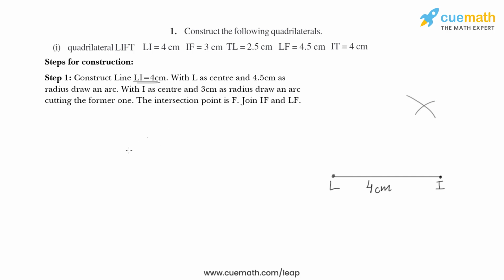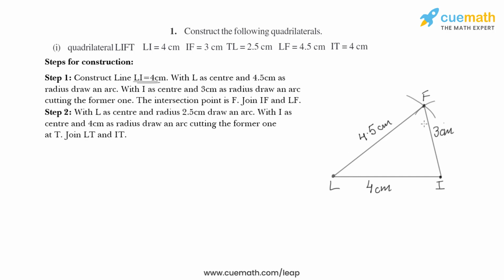The intersection point is point F. Join IF and LF. Mark the lengths. LF is 4.5 centimeters and IF is 3 centimeters.